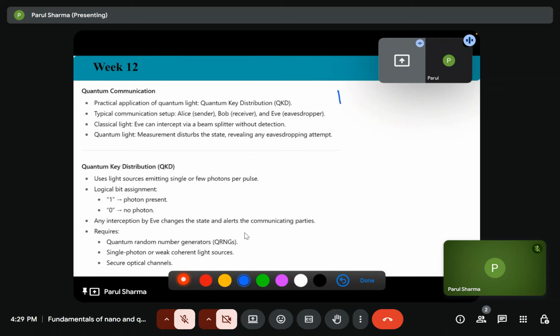We have Alice. There is Eve. Bob. The information Alice is a transmitter.